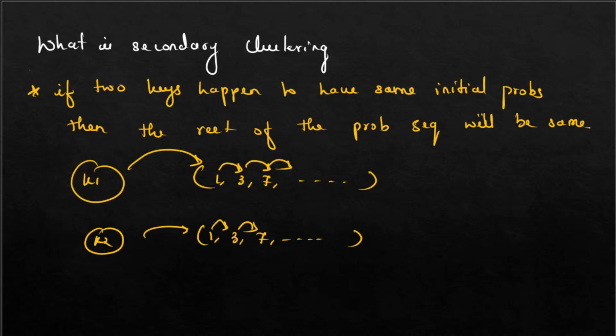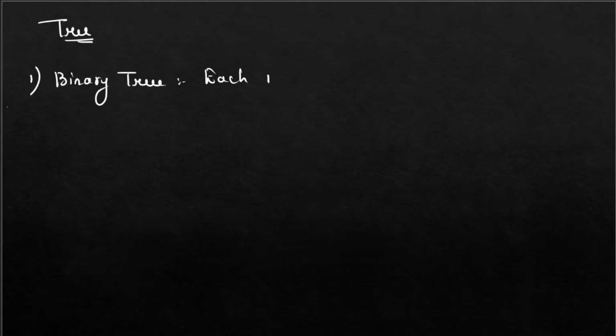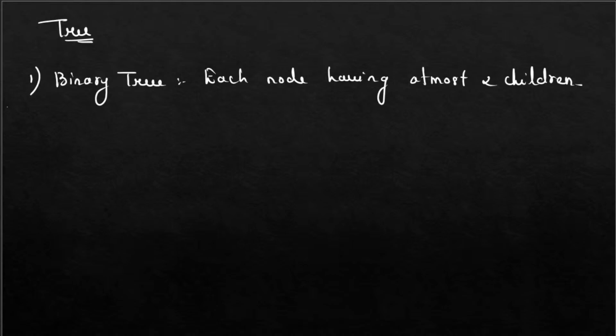Now this was all about hashing. It's time to discuss trees now, okay? So let's revise trees. The very first is the binary tree. Binary tree, okay? Each node having at most 2 children, right?